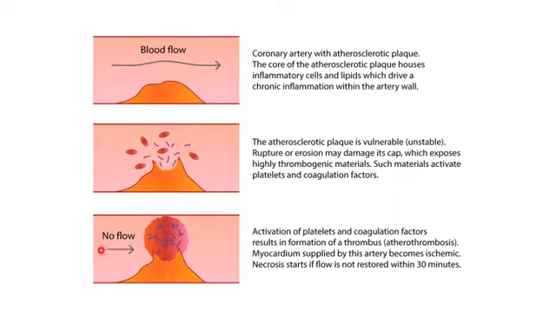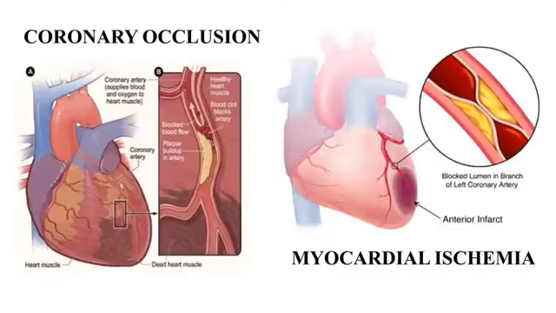In that case, there is no flow of blood through the vessel. When this occlusion to the blood flow happens, the area distally supplied by the artery will be deprived of blood flow, and here the necrosis will happen.